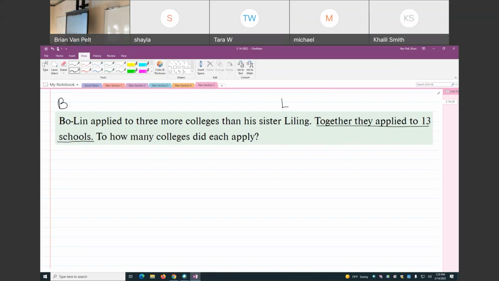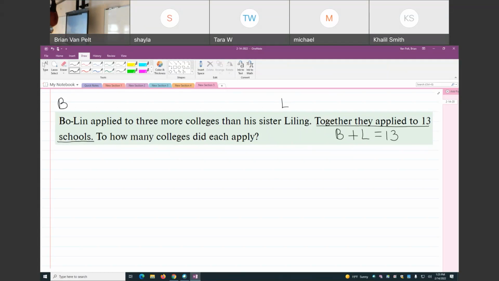So B and L together applied to 13 schools. That would mean that him plus her equals 13. You agree? Yeah.